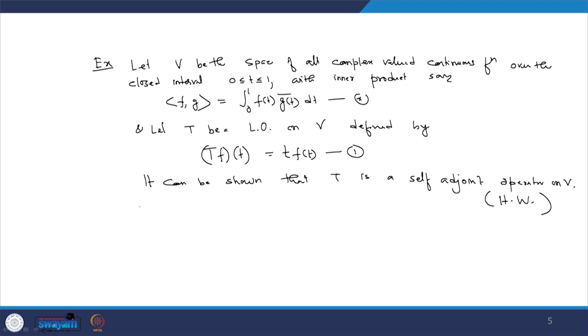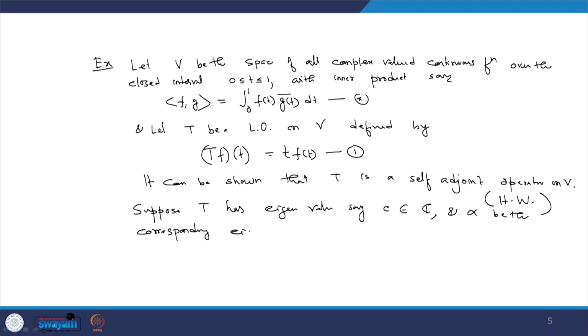Okay. So suppose T has an eigenvalue, say C belongs to capital C, and alpha be the corresponding eigenvector, that is T of alpha equal to C alpha. Suppose like this. So, this is T of f equal to C of f, I mean T of f of t equal to C of f.